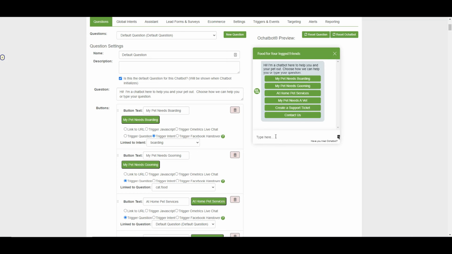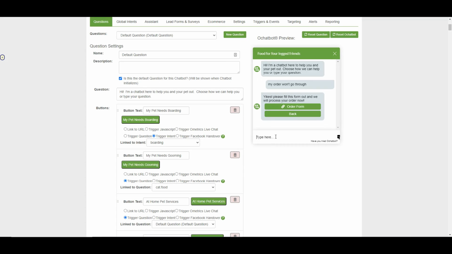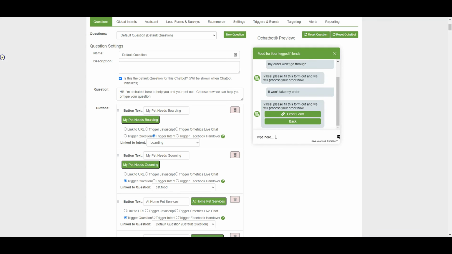If we go back to questions and we test this, we could say my order won't go through. And there's our reply. I could also say, it won't take my order. And that worked well. So I had the order last here, and here I had the order before.